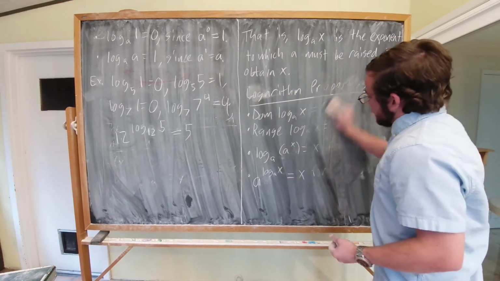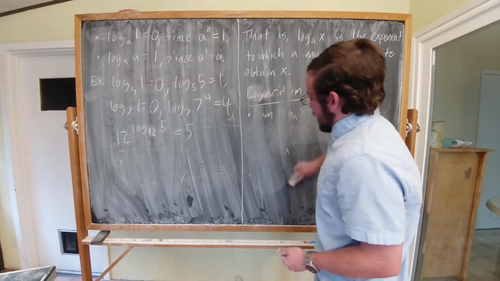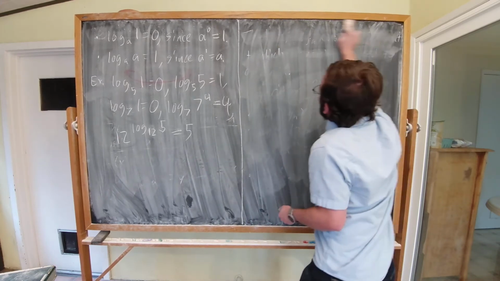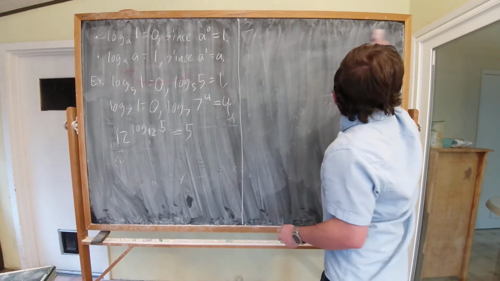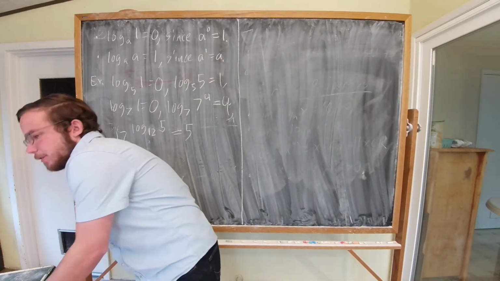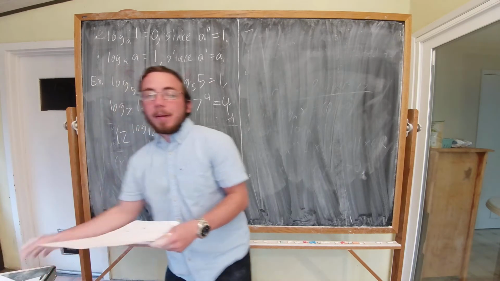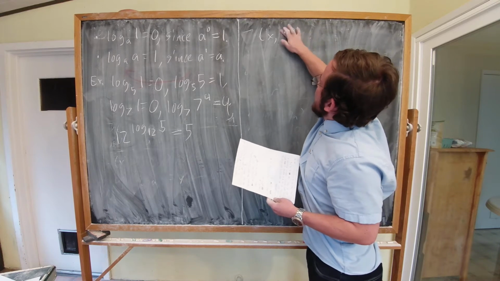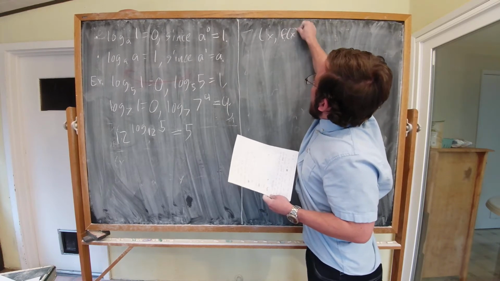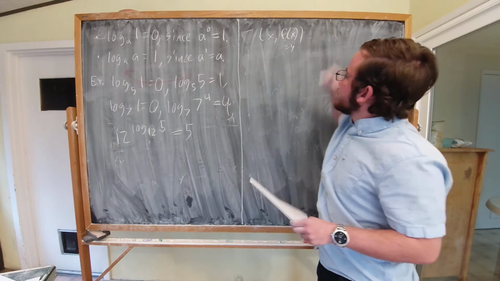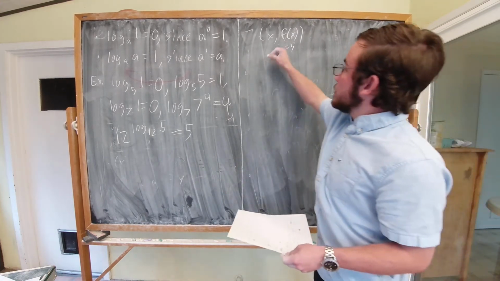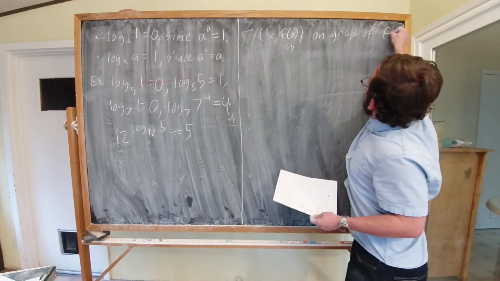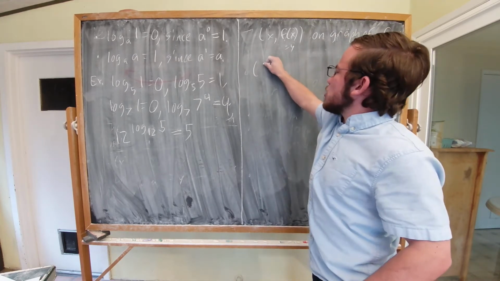First, how will you graph them? Well, you can make a table, and that would allow you to graph a logarithm, but tables kind of suck. Is there a faster way? Well, if you view the graph of a function as a set of pairs, x comma y, or rather, x comma f of x, the inverse function basically says, oh, swap those around.